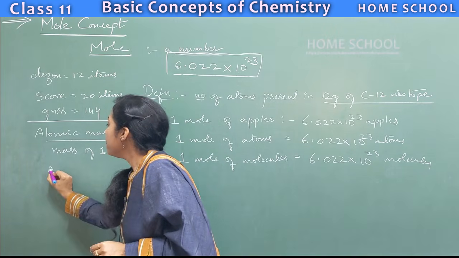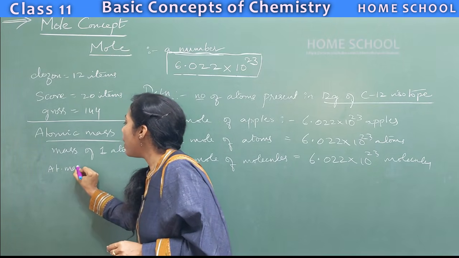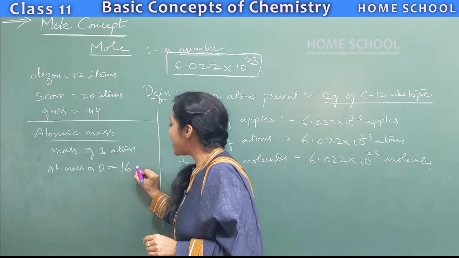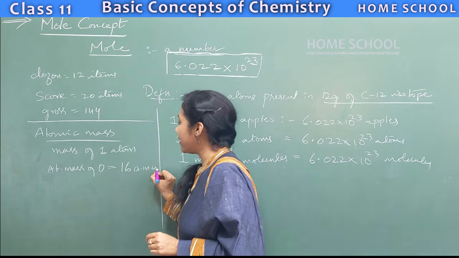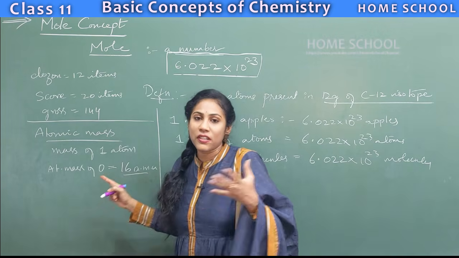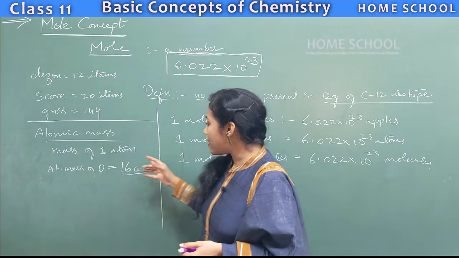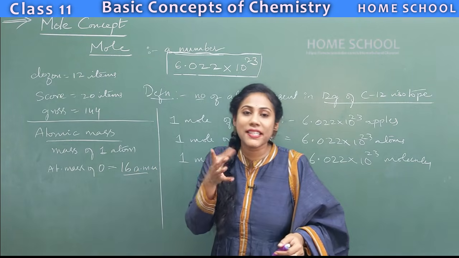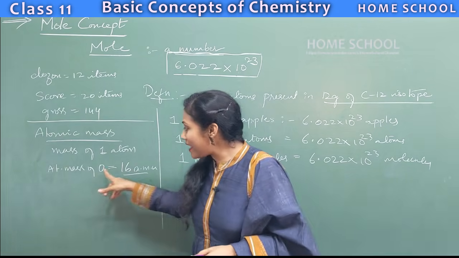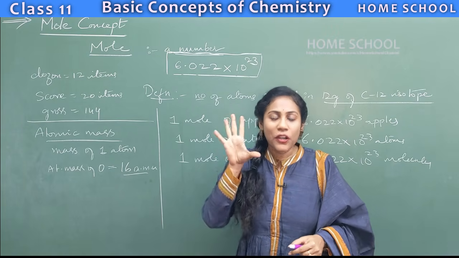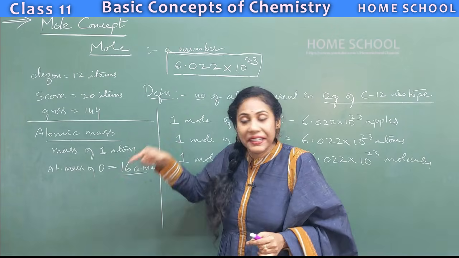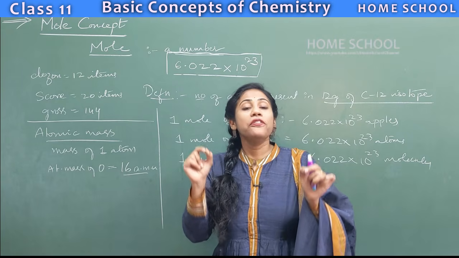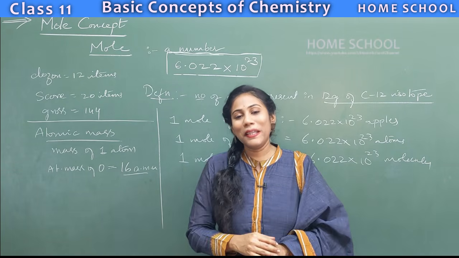For example, the atomic mass of oxygen is how much? We say it as 16 AMU, right? So that means one atom of oxygen has a mass of 16 AMU. It means that one atom of oxygen is 16 times heavier than 1/12 part of a carbon-12 isotopic atom.